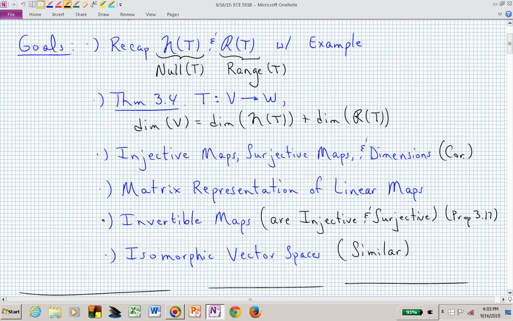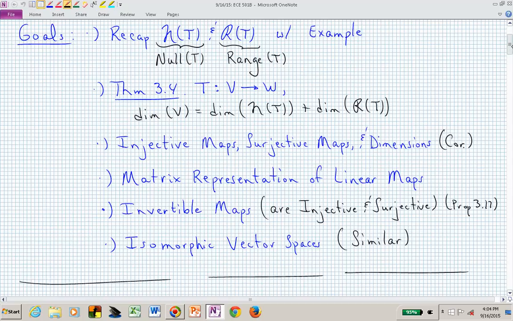We probably will only get into the matrix representation of linear maps, but we are hopefully headed towards invertible maps, which have to be both injective and surjective. And then we'll talk about isomorphic vector spaces, and essentially that means these are similar. If we say these vector spaces are isomorphic, then if you know what's going on in one, it carries over to be similar in the other vector space that is isomorphic.